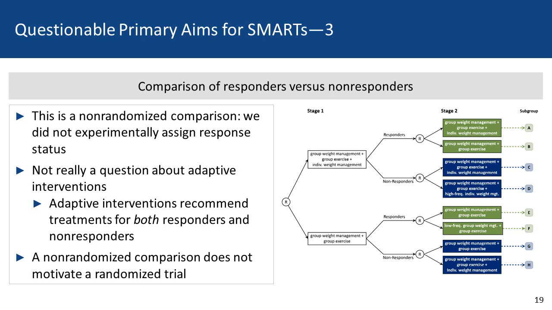So I can't randomize who's a responder and who's a non-responder. So this is actually not a primary aim that would motivate a randomized trial at all. It's also not really a question about adaptive interventions, again, because adaptive interventions recommend treatments for both responders and non-responders. So looking at responders alone or looking at non-responders alone and comparing these two groups doesn't tell me much about how to build an adaptive intervention.